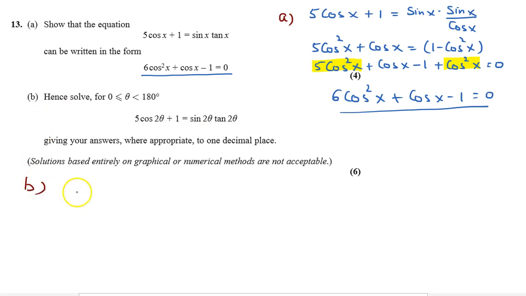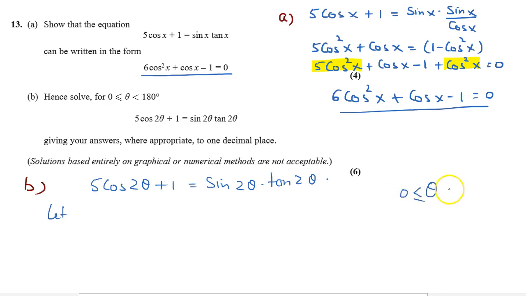Hence solve 5 cos 2 theta plus 1 is equal to sin 2 theta tan 2 theta, and theta is greater than or equal to 0 and less than 180.